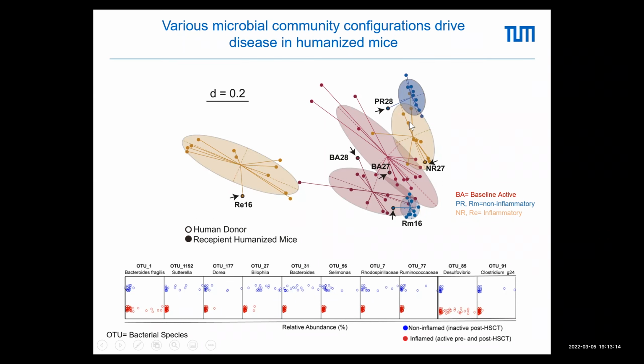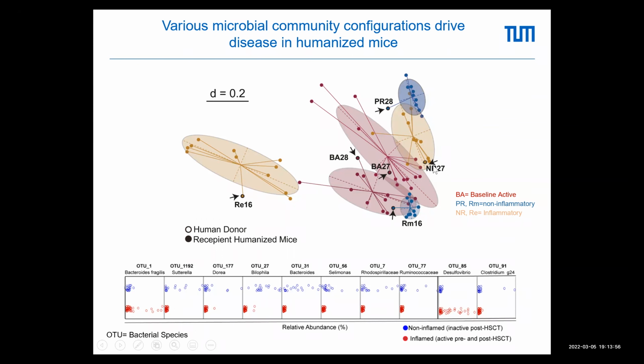The second conclusion was that you can have gut microbiota which reflect different disease states. For example, in blue you have mice colonized with gut microbiota from a patient in remission, and in red a patient in relapse, and in yellow a patient at baseline, and in yellow a patient in relapse.